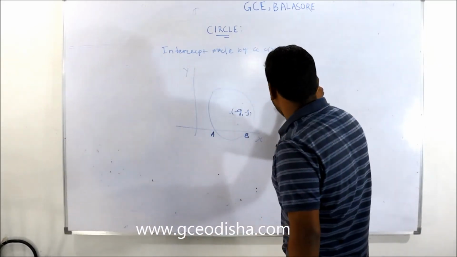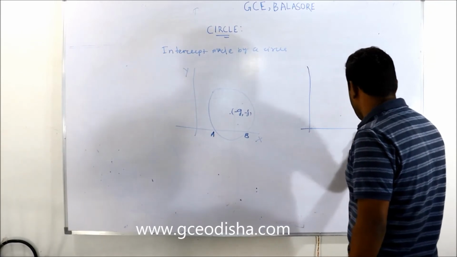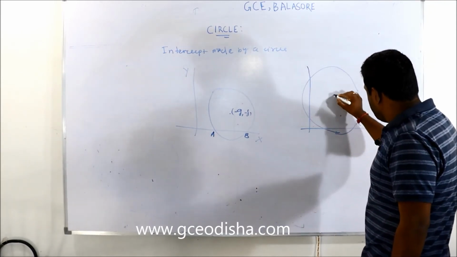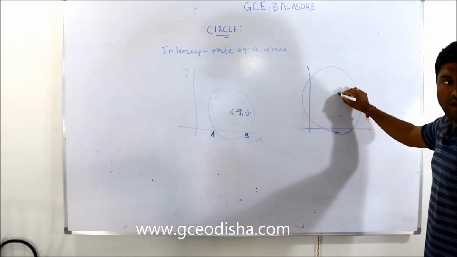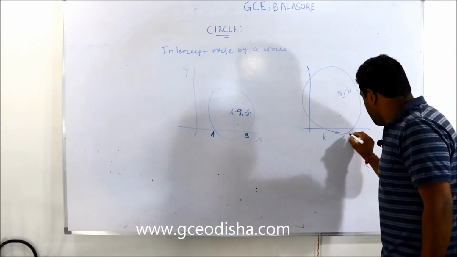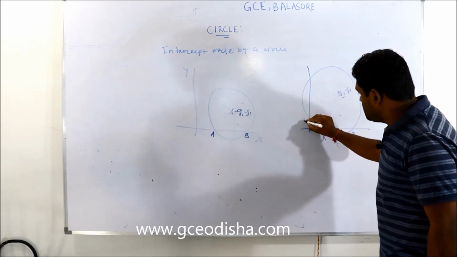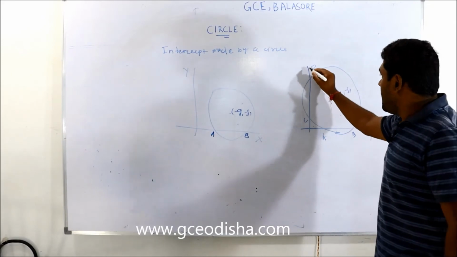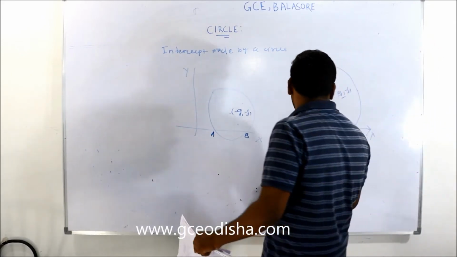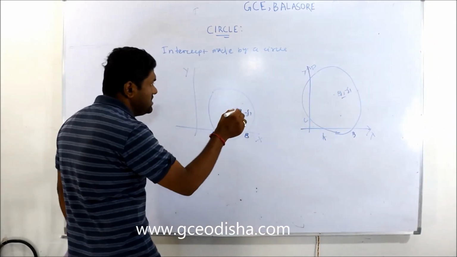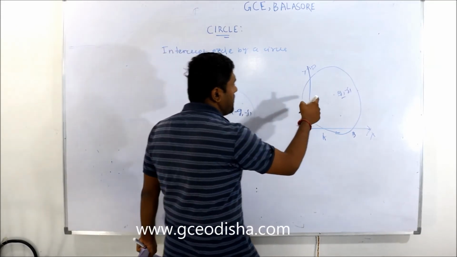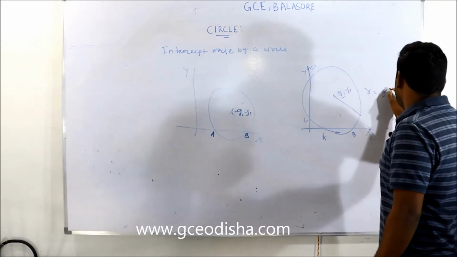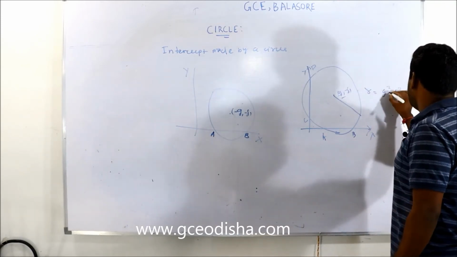If the circle cuts both axes like this, with the center at (minus g, minus f), and this is A and B, and this is C and D, on the x-axis as well as the y-axis, then what is the intercept AB? The center is at (minus g, minus f) and the radius is root over g square plus f square minus c.